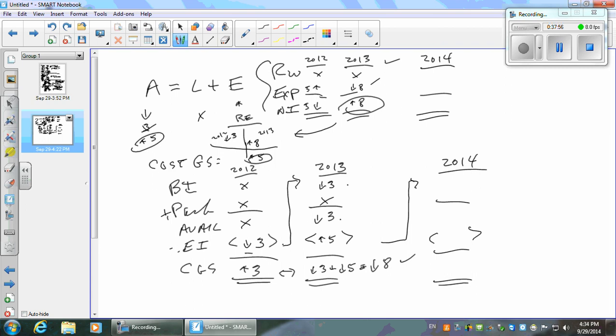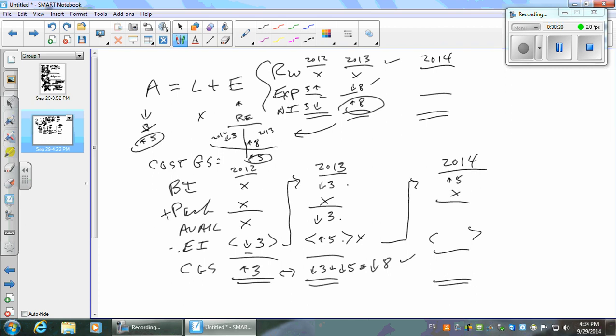For the beginning, how much are we off by? Not 8, just 5, just the ending inventory. The 8 was what was wrong with the net income because it was 2 years of mistakes put together, right? So what's wrong with your beginning inventory? Too high by 5. Okay, good.